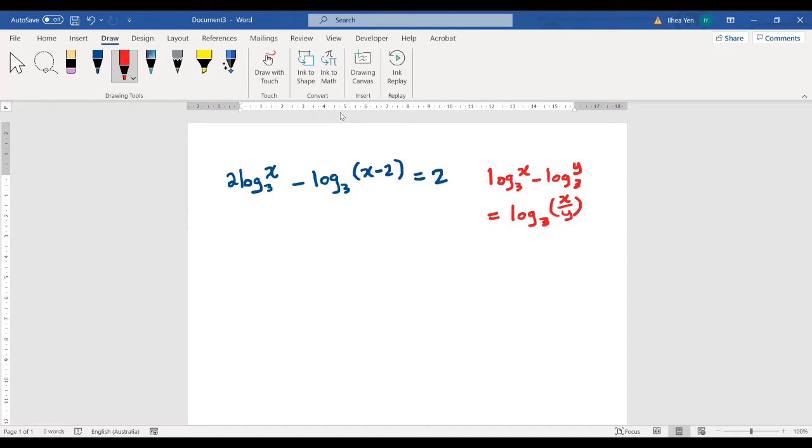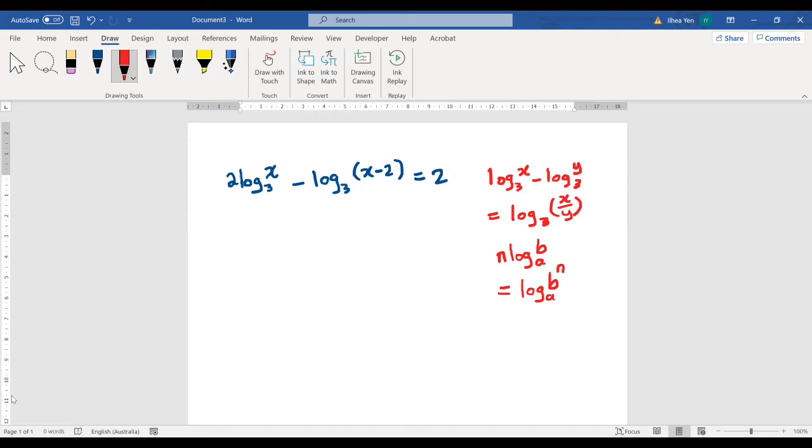Now I'm going to use another formula. It looks like this: n log base a of b can be written as log base a of b to the power of n.